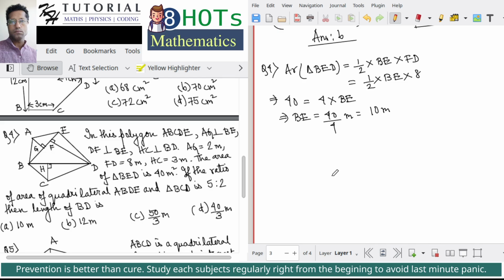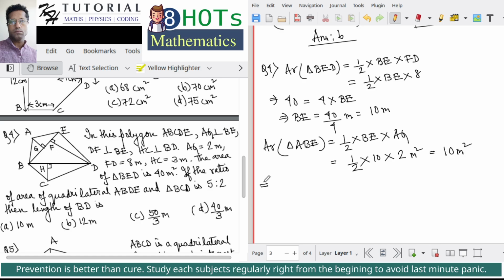Now the quadrilateral ABDE. If we know BE, we can find the area of triangle ABE. Area of triangle ABE will be half multiplied by the base BE and the height AG. We have already found BE to be 10 and AG is given to be 2. So this is 10 meter square.